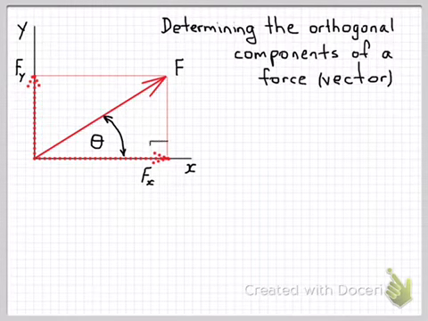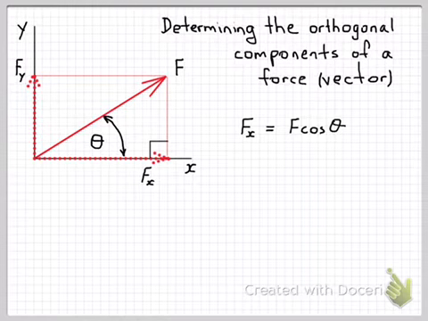Okay, so now we note that we have a right angle triangle here, and we can just make use of our properties of a right angle triangle, and we note that this side here is the adjacent of that to this angle here of our right angle triangle. So the length of this line here will be just the hypotenuse times cos of this angle.